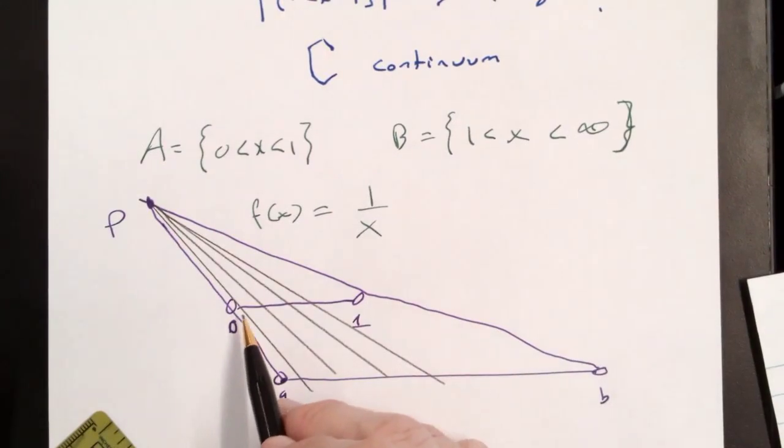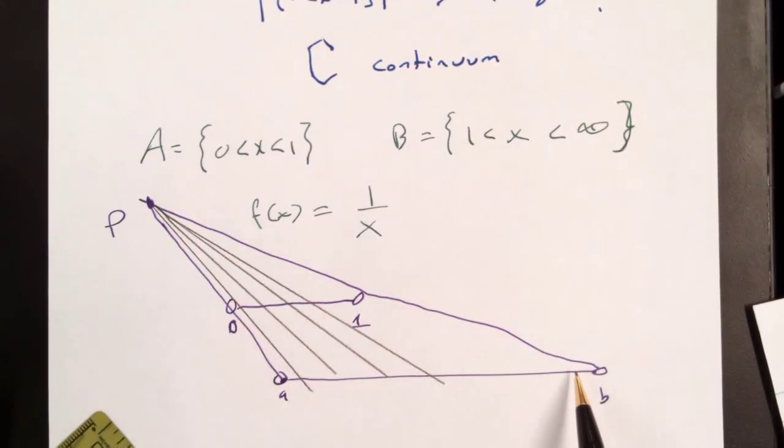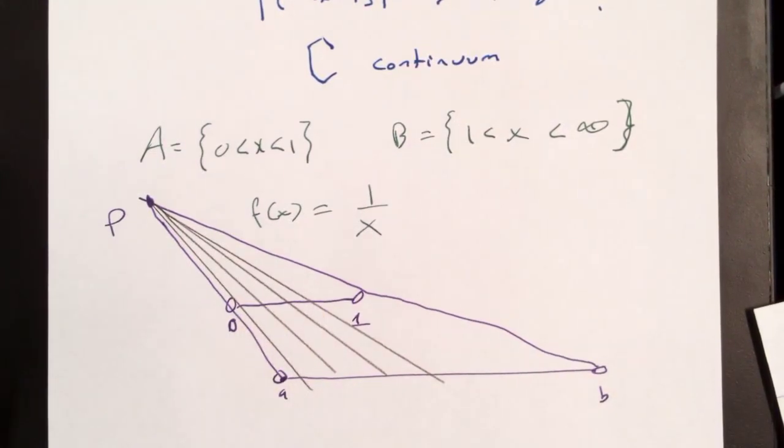Aren't you eventually going to spread this entire line onto this entire line? Every interval is the same size. I don't care if you're going from 0 to 1 or from 1/100th to 2/100ths. There's the same number of numbers in there.